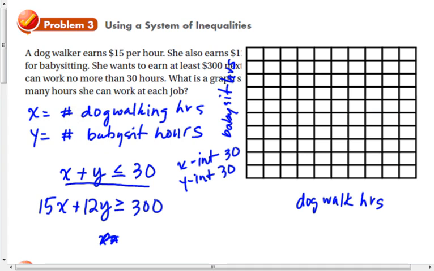The x-intercept for this other inequality, if y is 0, then we get 15 times x is equal to 300. So the x-intercept would be 300 divided by 15, which is 20. And the y-intercept would be 300 divided by 12, which is 25. So our biggest number on either axis that we need to graph is 30. So let's go ahead and go by 5s on our graph.